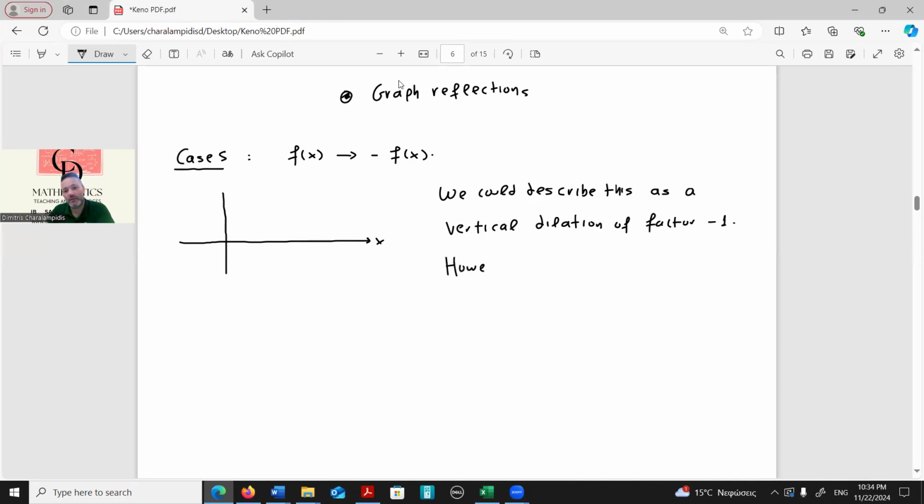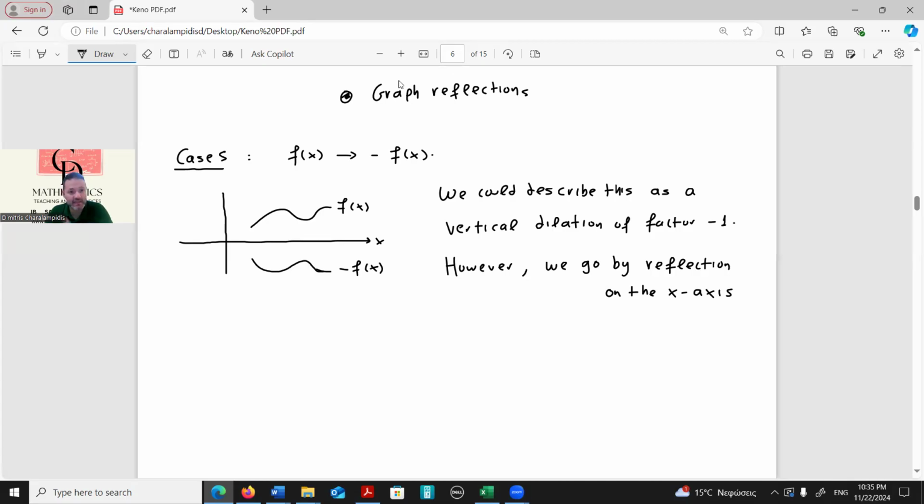However, we don't do that, and we go by a reflection on the x-axis. And geometrically speaking, this means that if this is the graph of f of x, this should be the graph of minus f of x.